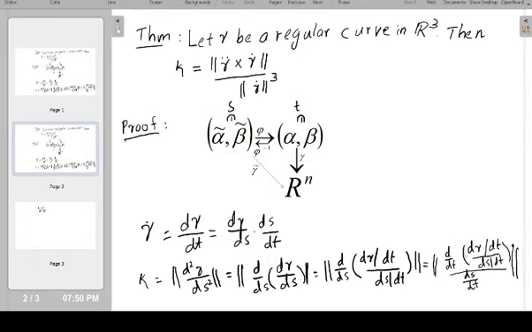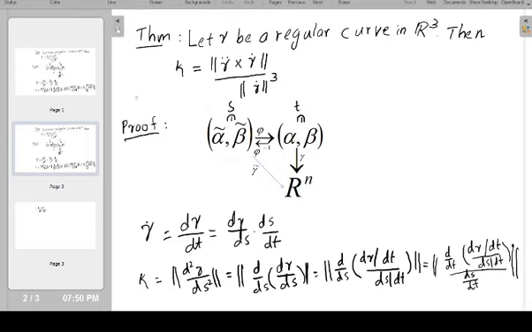What is the derivative of the denominator? d square s by dt square.